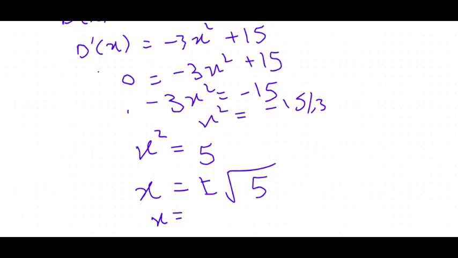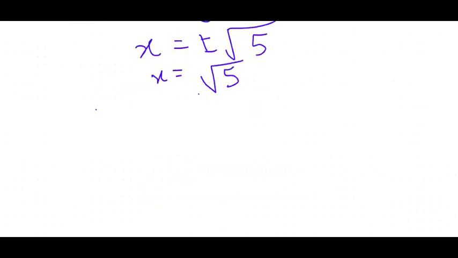So evaluate d of x at the critical point x equals square root of 5. I'm putting the value in the equation of d of x, which is minus x cubed plus 15x minus 14.